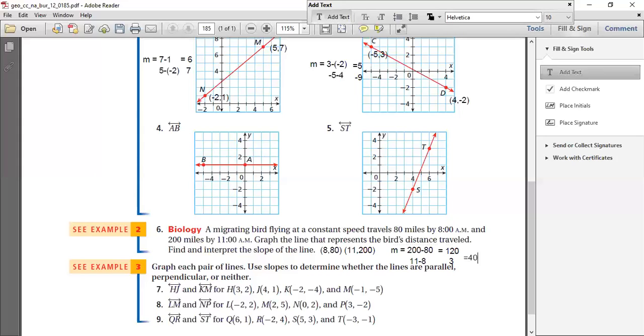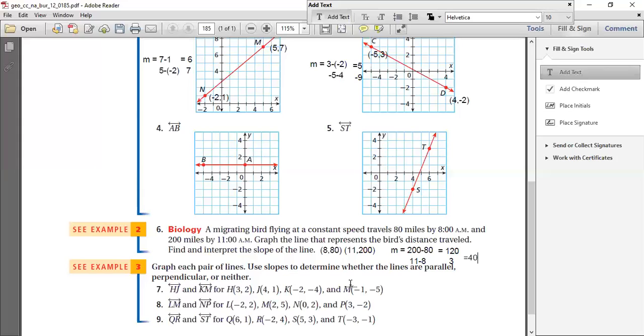Now what does the slope mean? They said find and interpret. What does this 40 mean? 40 means the bird is flying at a constant speed of 40. That's why the slope is 40. When the slope is 40, you just have to interpret it.